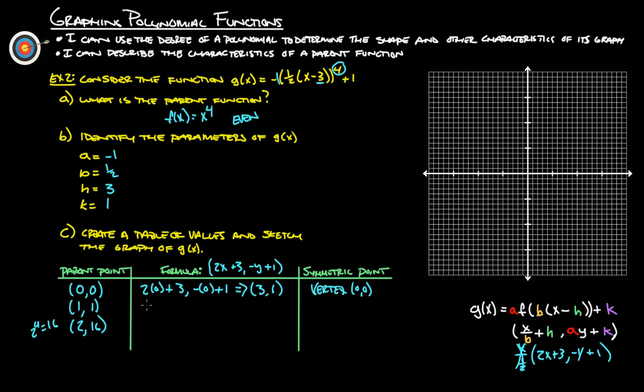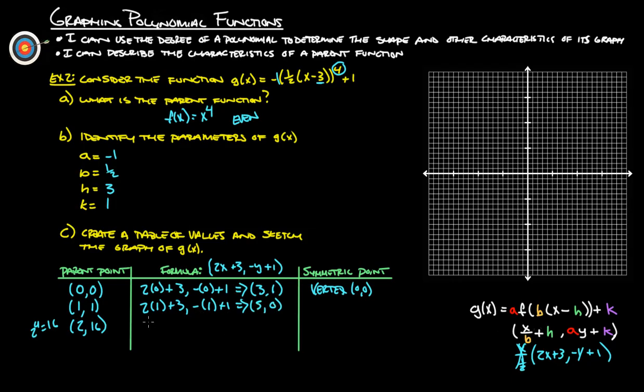Okay, so now we're going to do the same thing here. We're going to do 2 times 1, so that's our x, plus 3, and then negative 1 for the y. Not y, but negative 1. And it's positive 1 plus 1, which will give us 2 plus 3 is 5, and negative 1 plus 1 is 0.